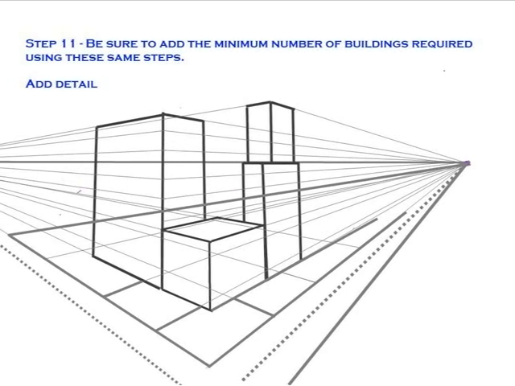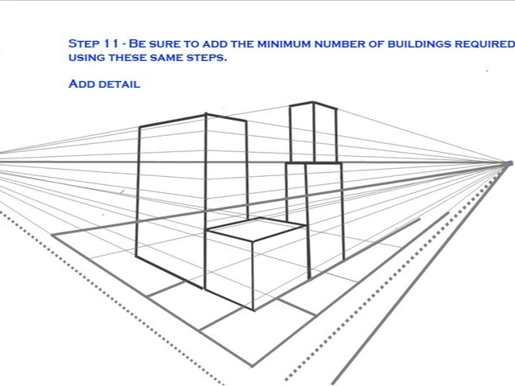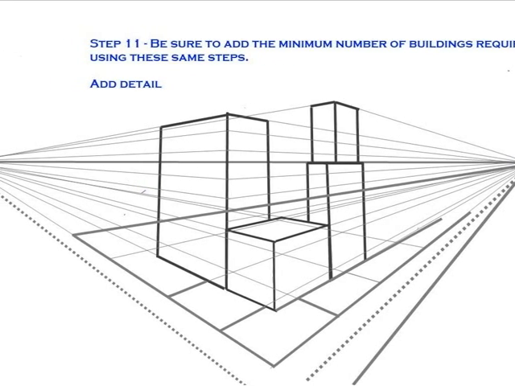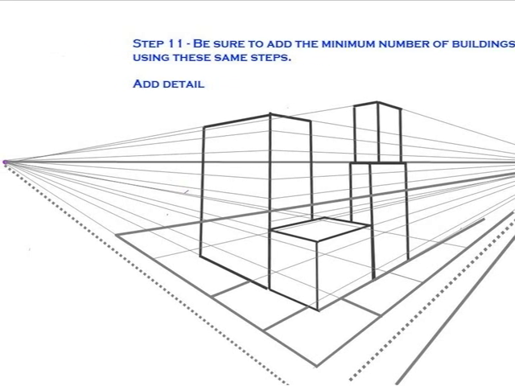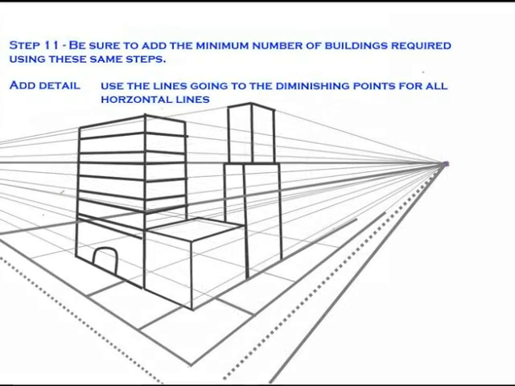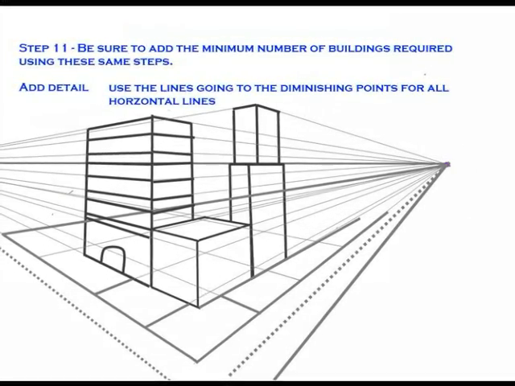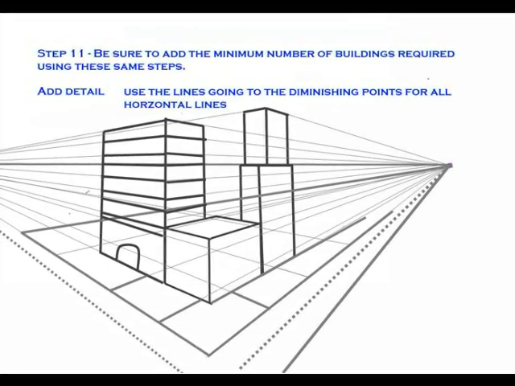The last step in drawing your city is to put in your details. You can see here where I'm starting to add in sidewalks and roads and details onto the buildings. So I'm going to put in some of my lines here that would be like the floors. Now notice all these guidelines I've added in here.